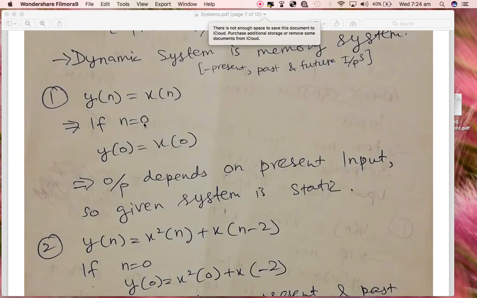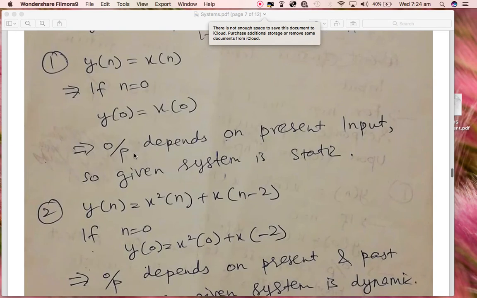We will be replacing the value of n with 0, and we can see that 0 is indicating the present value. We can look at the equation and see if there is no minus 1 or no 1, because 1, 2, 3 will be indicating the future values, minus 1, minus 2, minus 3 will be indicating the past values, and 0 will be indicating the present value.